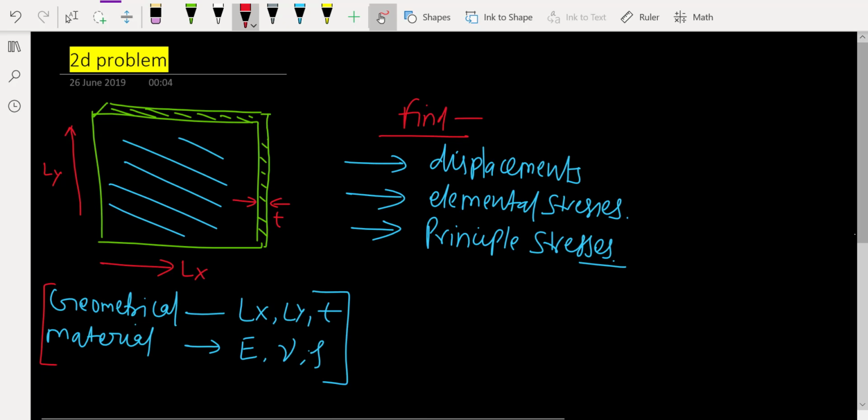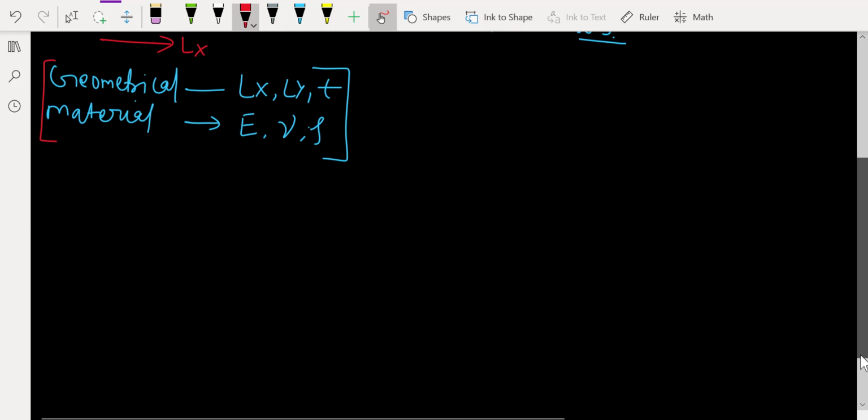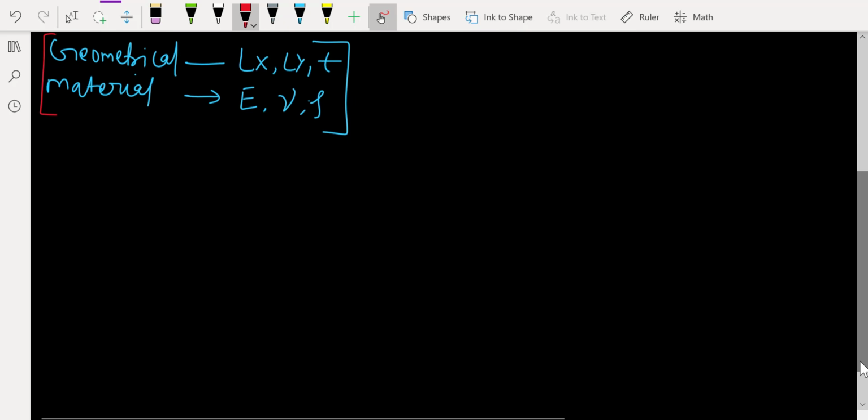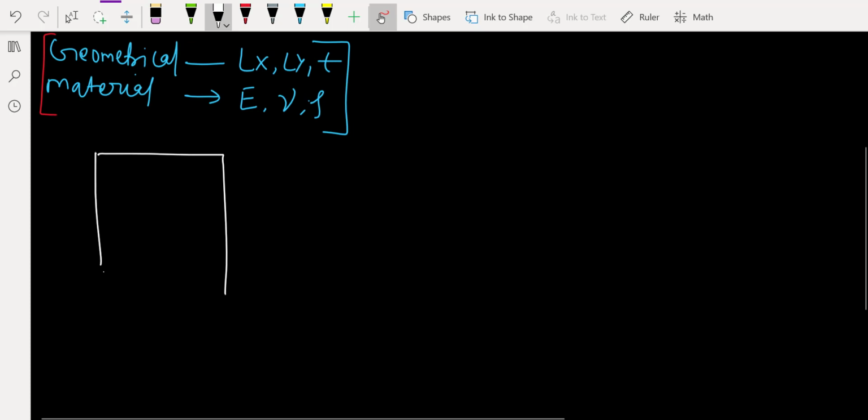So basically, if I go downstairs, in 2D cases, this two-dimension plate element has to be discretized. When I say discretize, it means identification of the segments. So this particular plate element can be discretized in different ways.